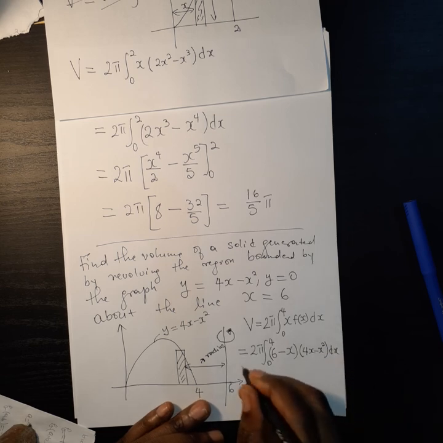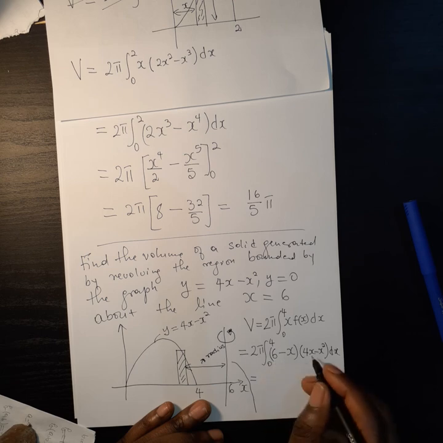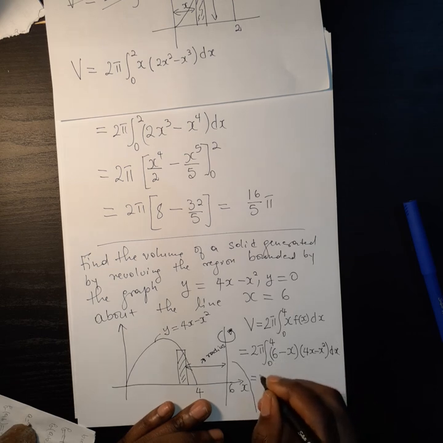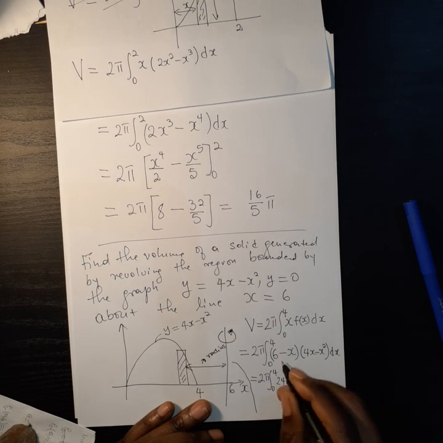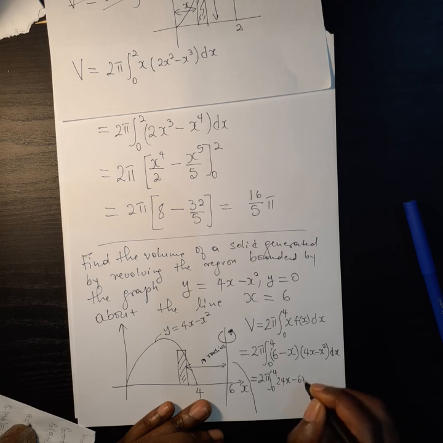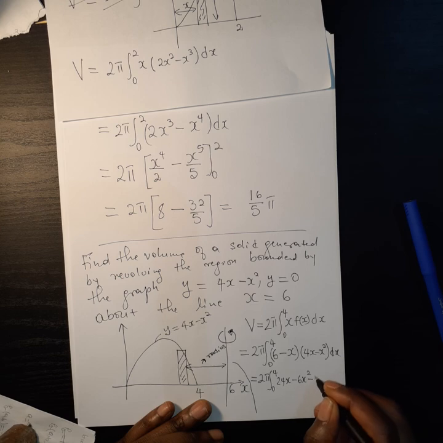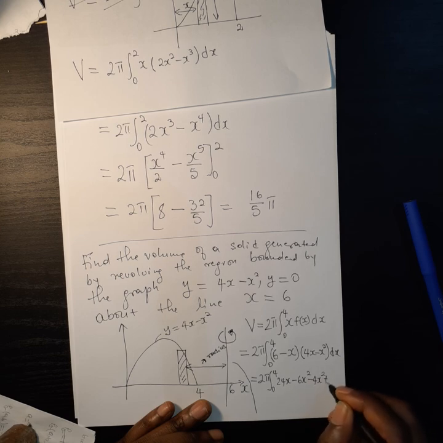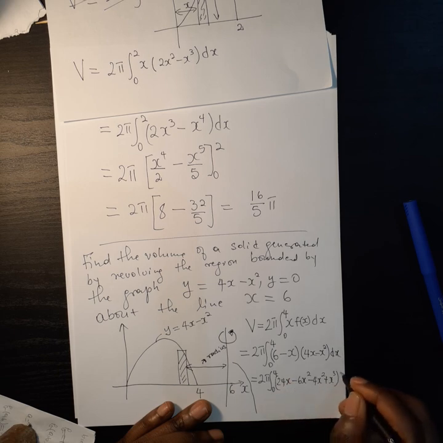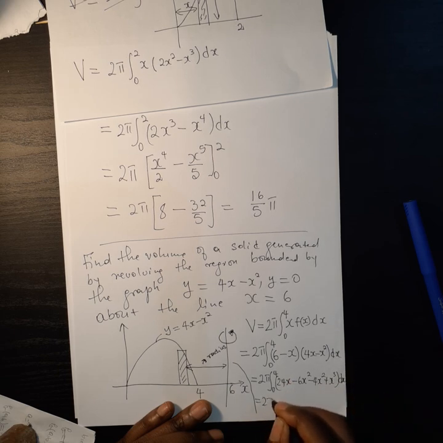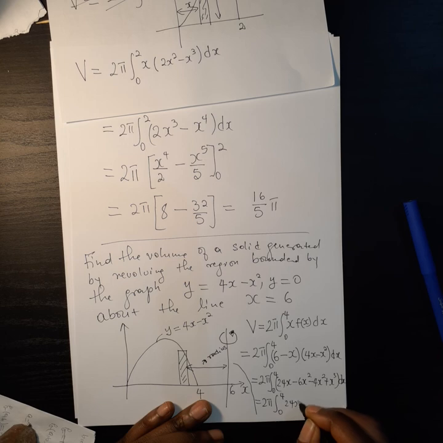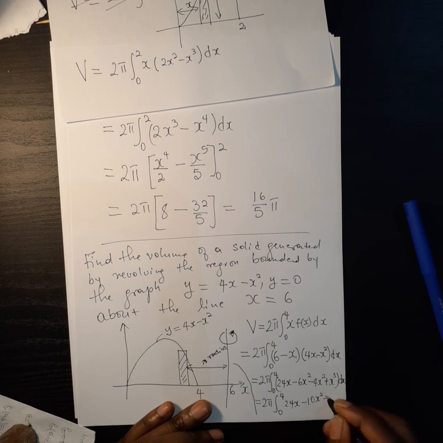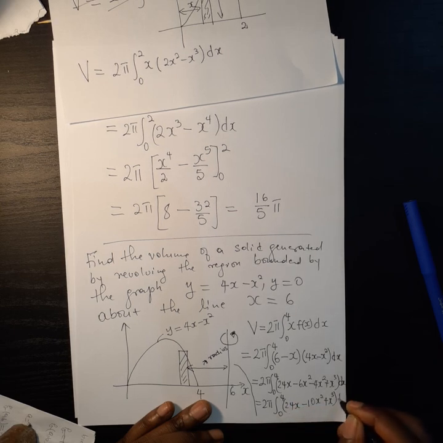This is going to give us, when we remove the brackets and simplify, 2 pi, the integral from 0 to 4 of 24x minus 6x squared minus 4x squared plus x to the power of 3 dx, which is 2 pi, the integral from 0 to 4 of 24x, and then minus 10x squared plus x cubed dx.